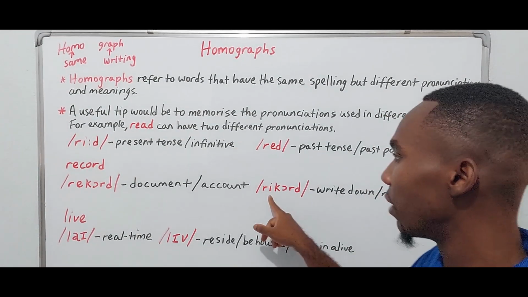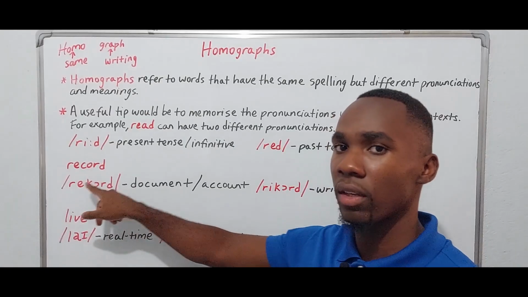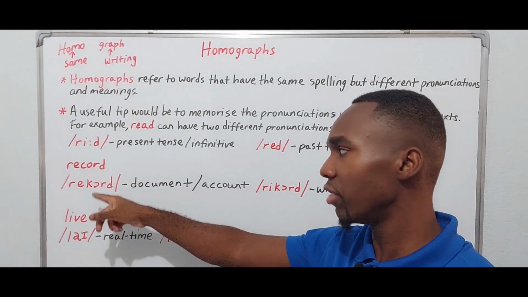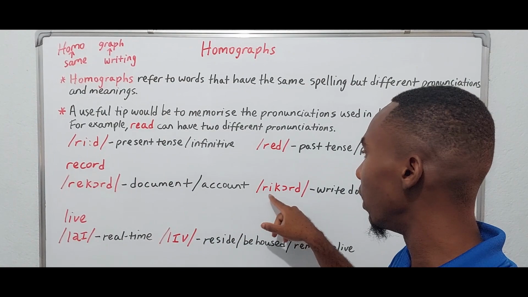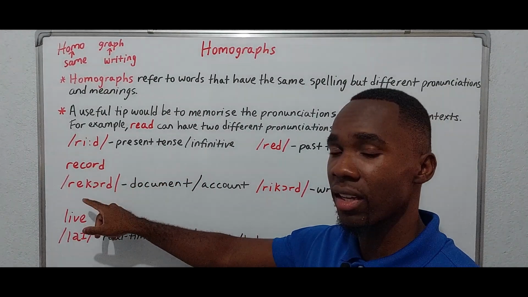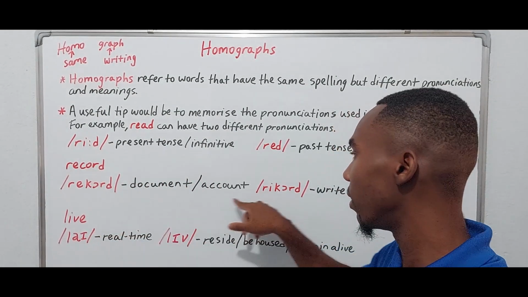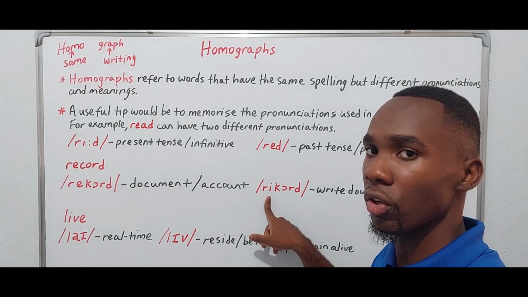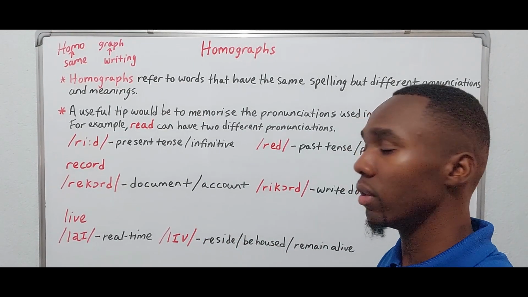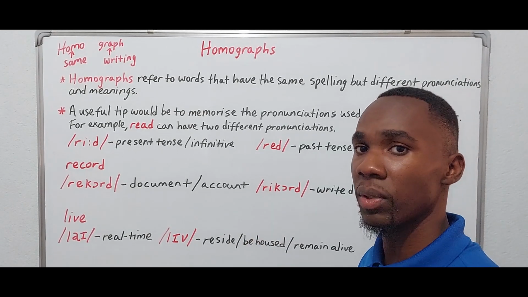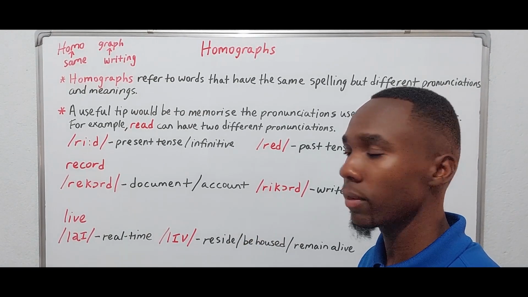So you notice the only difference would be the first sound. The first one is re, the first syllable, and the second one is re. So the only difference would be the initial syllable, right? But the meaning can change based on those pronunciations, okay?